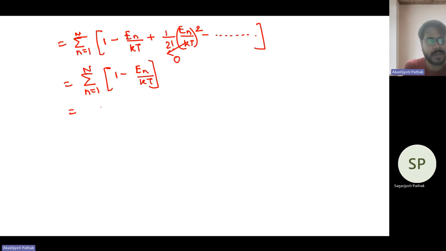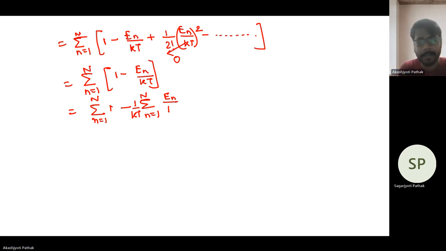Now if you solve this, it will be 1 minus the summation from n equal to 1 to capital N of En, where you can take 1 by kT outside. Now for the Zeeman interaction, what happens?